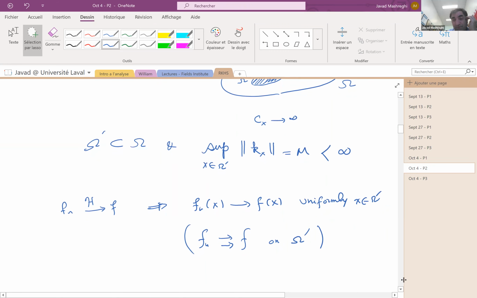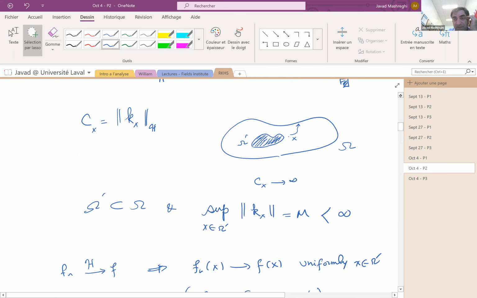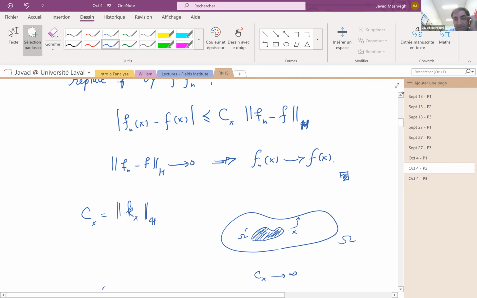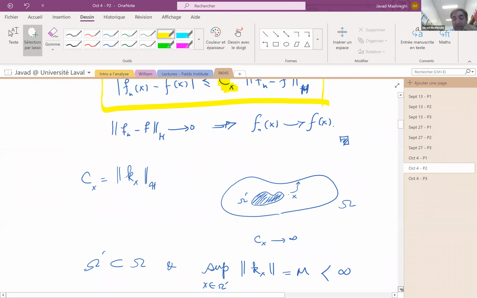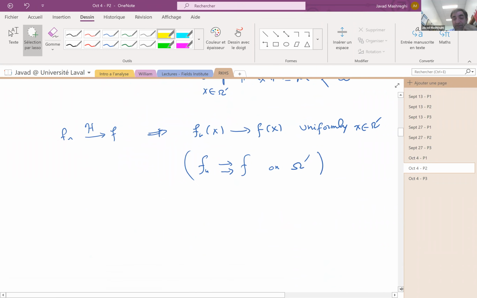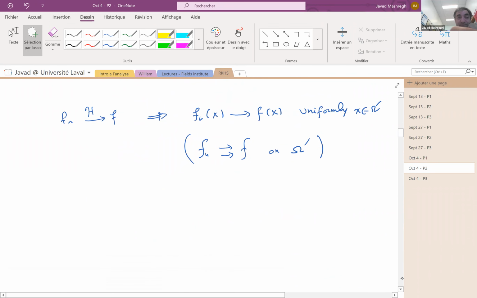So this proof can be useful for what I mentioned here, because again, you have the same estimation. But if you are in omega prime, you can replace Cx here by a constant m, and still the same thing works. And we use this usually in our setting of analytic function spaces. So, application.